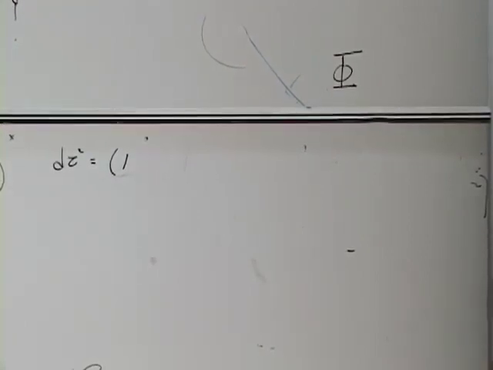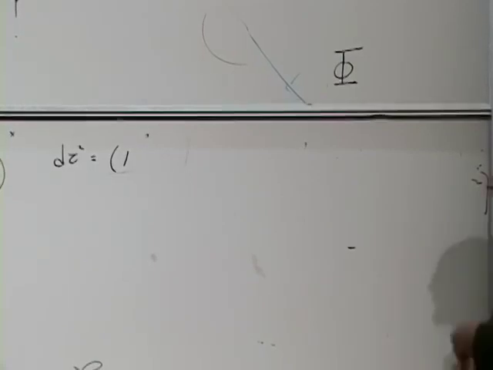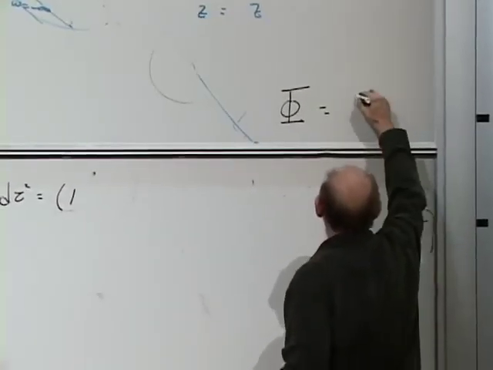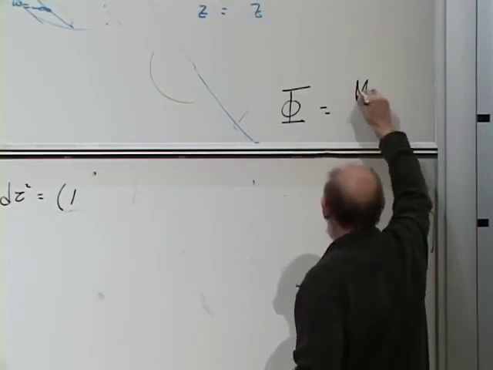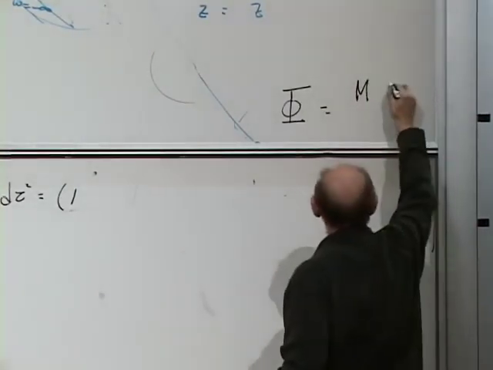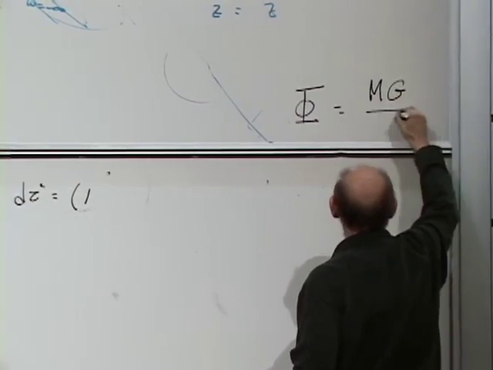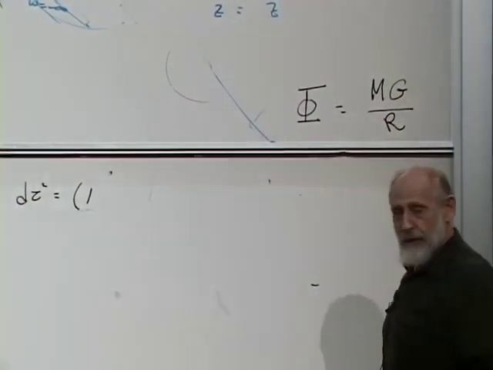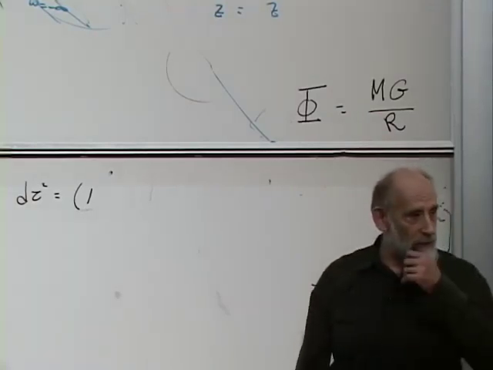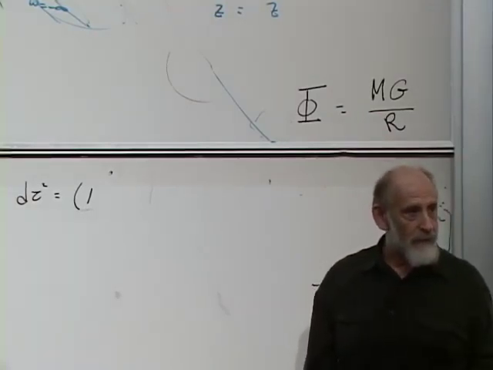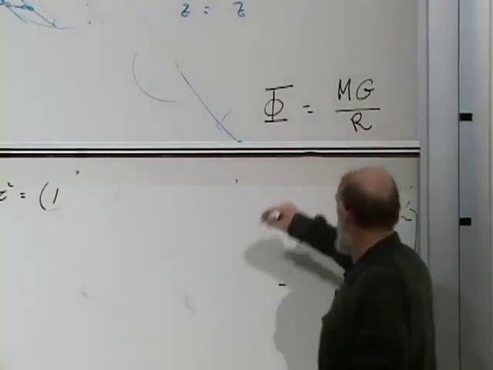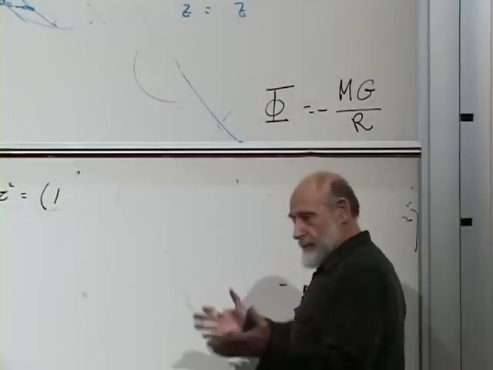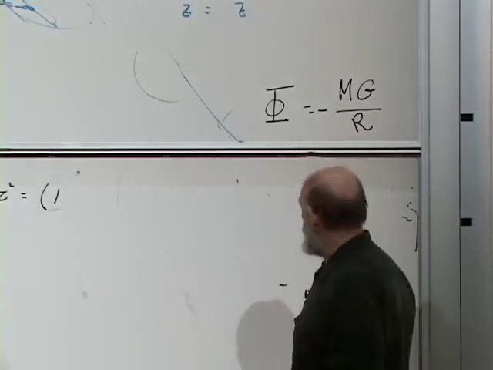And what's the solution of Newton's equations for a point mass? It's just phi equals minus the mass of the gravitating object times G, divided by r. It's a minus sign because it's attractive. It pulls you towards the origin.